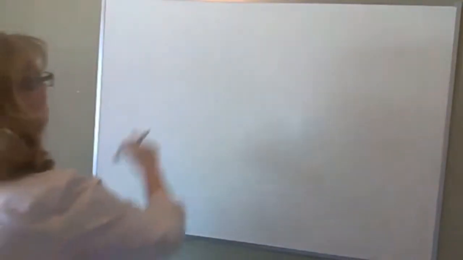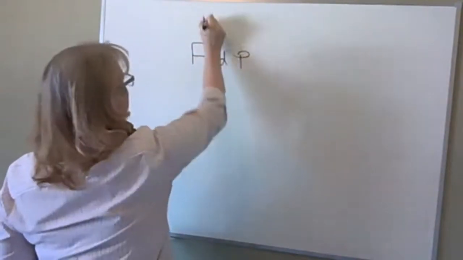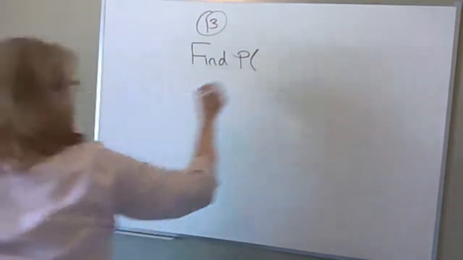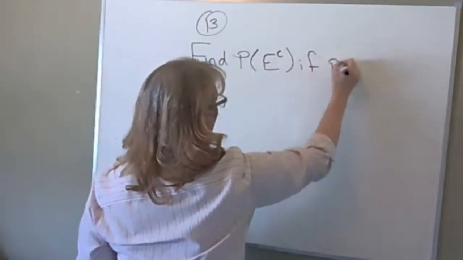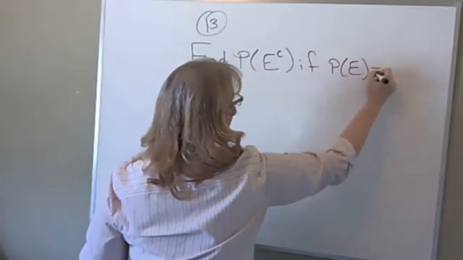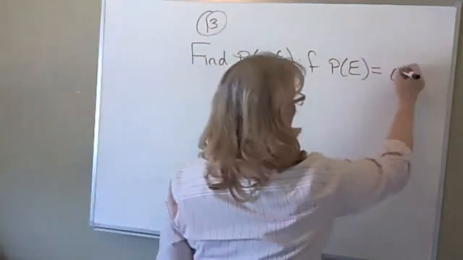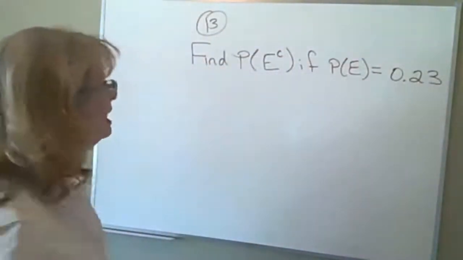So this one says, yours probably says the same thing, find the probability. I'm going to write the whole question here. This is number 13. This is a really easy question, so I think just having an example, you're going to be fine.